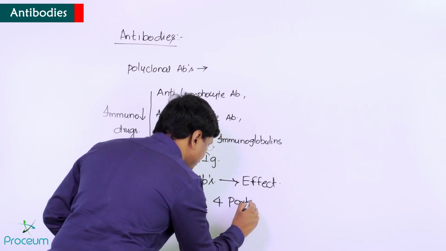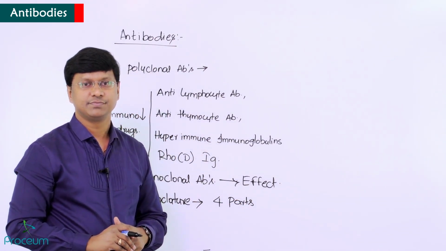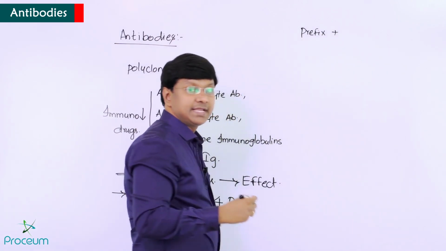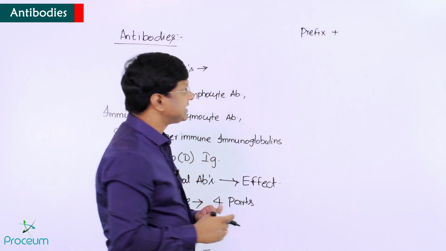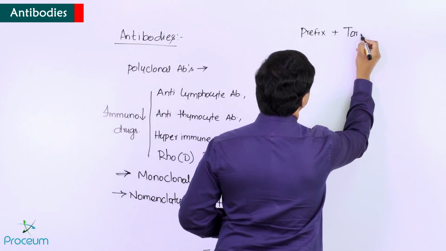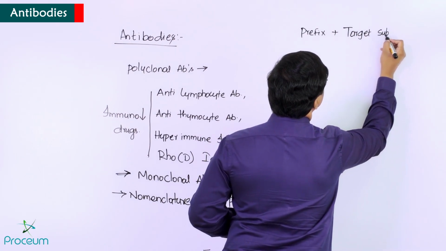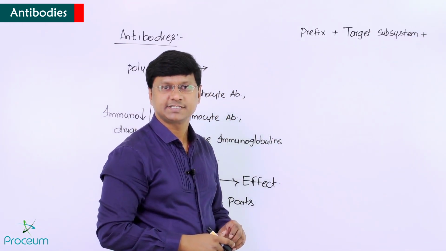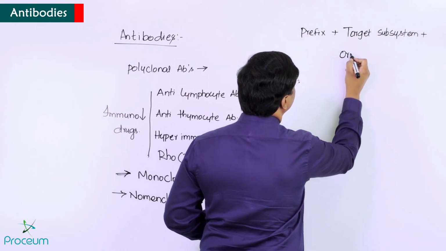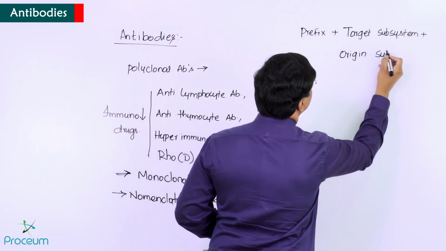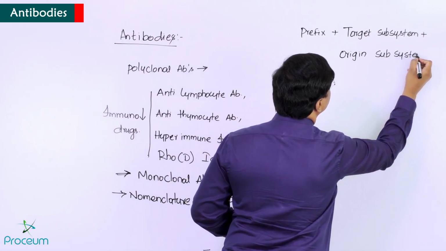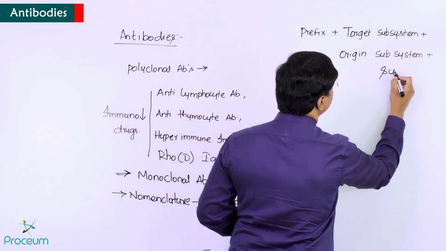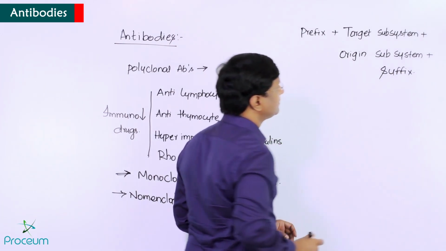Number one, the first part will be the prefix, and the second part will be the target subsystem, and the third one will be the origin subsystem, and as well as you will have a suffix.